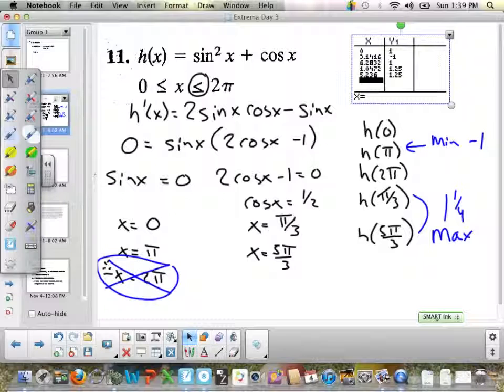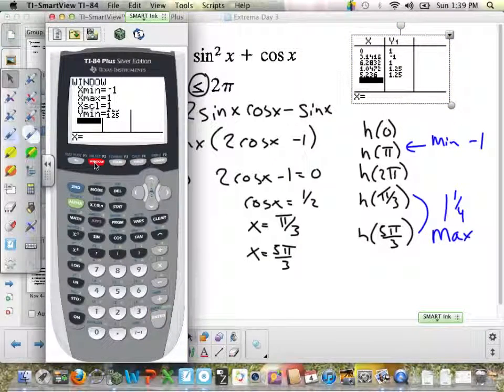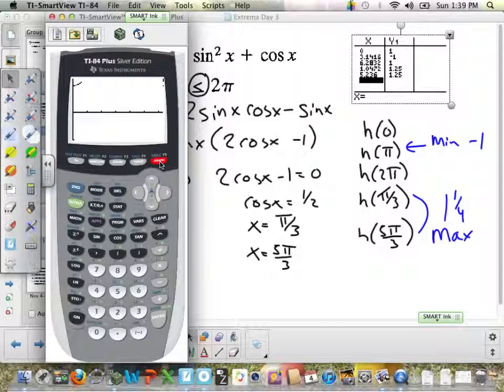We can kind of double check this graphically. Our window goes from 0 to 2 pi. And our minimum is -1. And our maximum is 1.25. We should see the entire graph if we did this correctly.